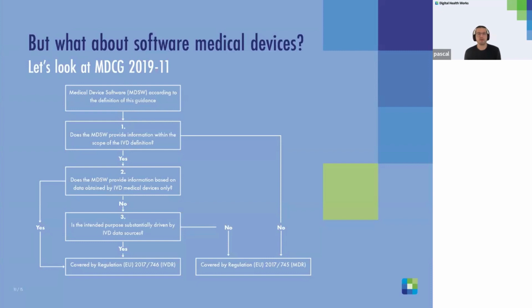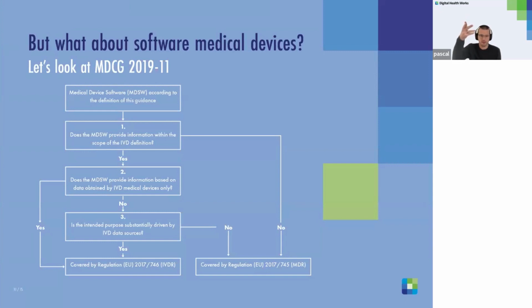The specific one here is about the qualification and classification of software medical devices, either MDR or IVDR. One of the flowcharts here is about how to decide whether it is the MDR or the IVDR.